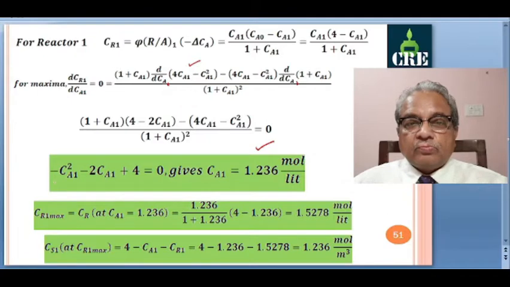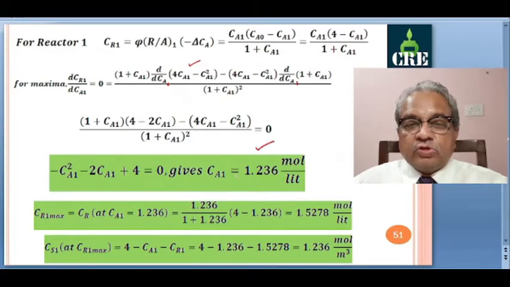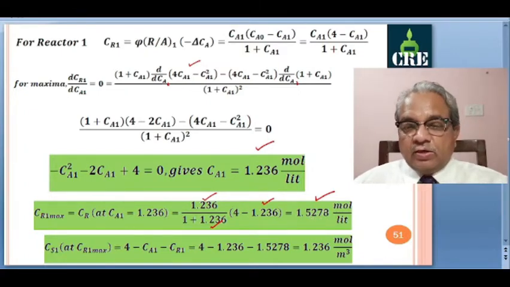At this value you will get CR as CR max. So substitute this value of Ca1, 1.236, in the equation, here, here and here. You get CR1 as 1.52, and this is the maximum possible value of CR in reactor 1.